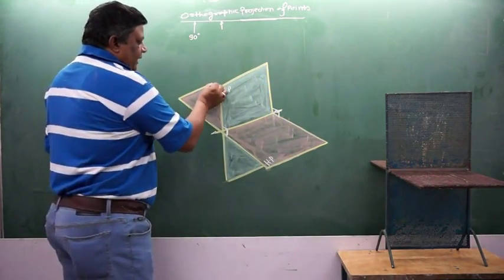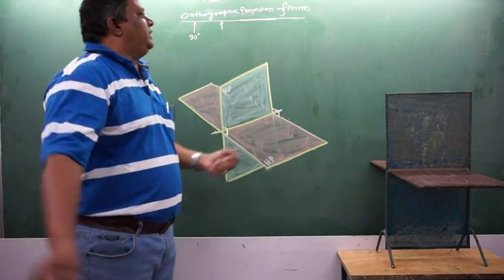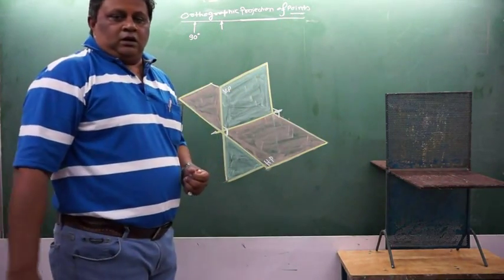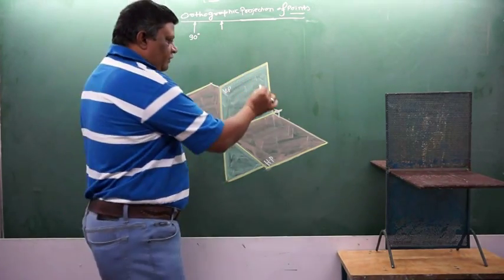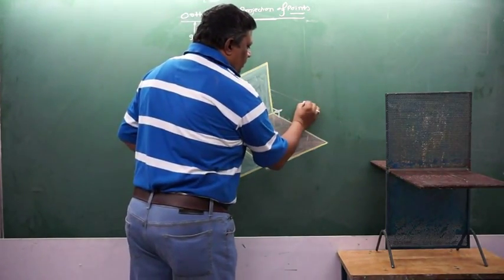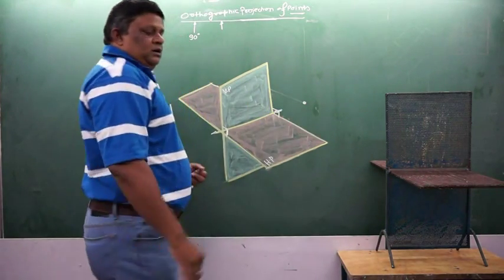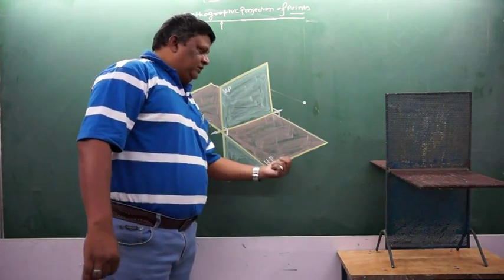Now, just to take help, I will take an object. The object right now is going to be my point. Although this object is not there, just for our support, we take it, a point is there. So here we have the screen as the vertical plane and the horizontal plane.